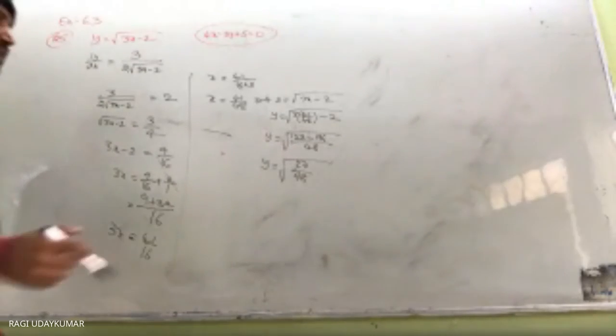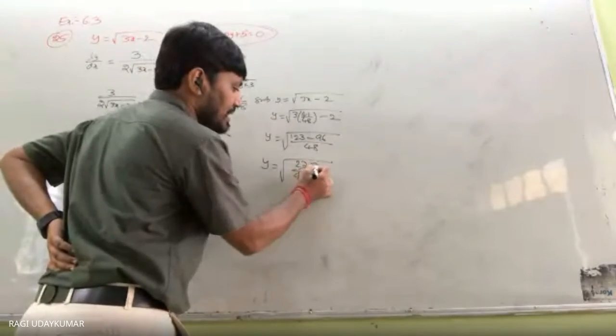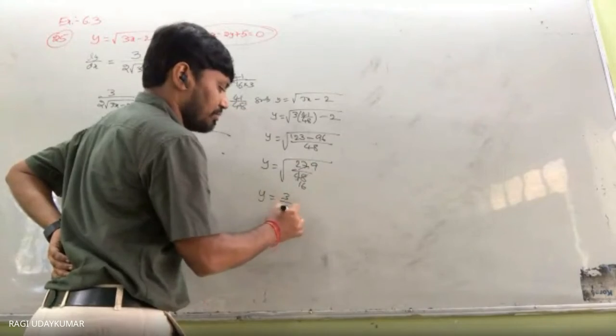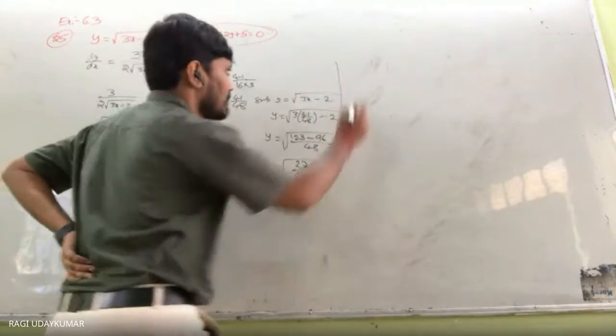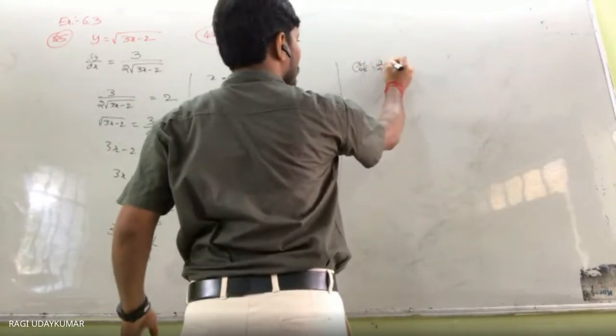Is that right? Everything else is correct, 48 times 2 is 96. Yes, correct. Is it possible to cancel? 27 by 48 gives 9 by 16. So y is equal to 3 by 4. So the point is 41 by 48 comma 3 by 4.